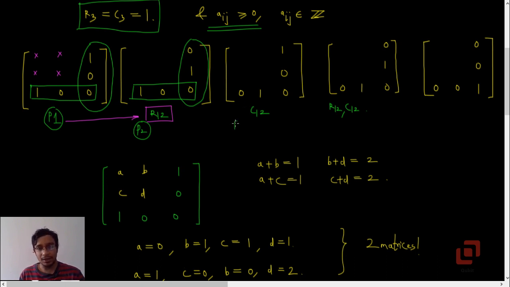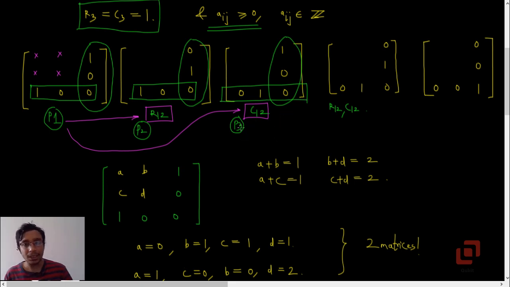And now you can guess what possibility 3 is going to be. Here we are going to interchange the columns of P1. So the third column will remain as it is, 1 0 0, but the third row is now going to change. Initially it was 1 0 0 and now we are having 0 1 0.